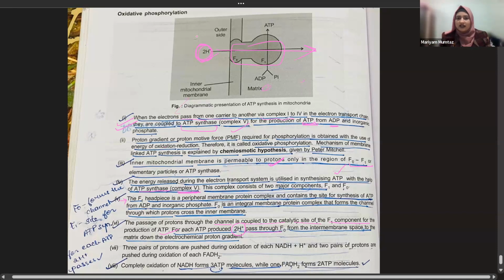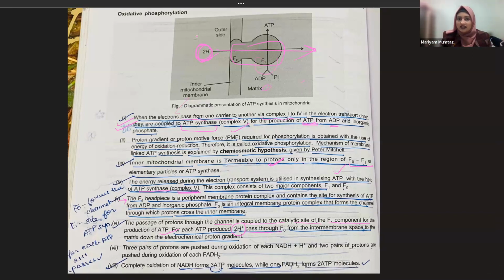Look here, it is shown in the diagram, isn't it? It's present at the periphery, whereas this one is present in the integral part, right? Now, the F0 is an integral membrane protein, because it is present in the inner membrane. This much is clear?